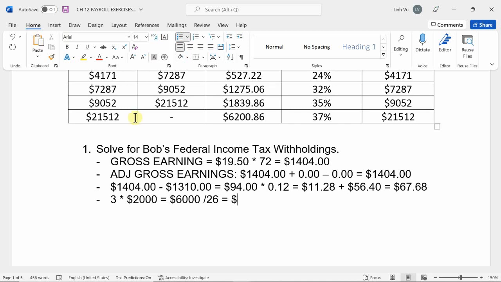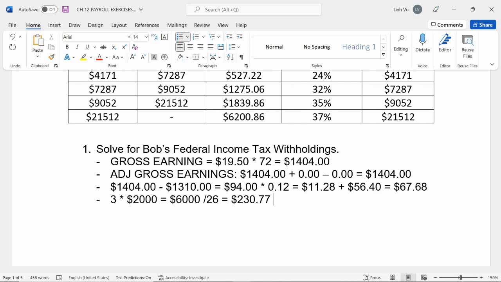And what do you get? $230.7692307, so round that up. So there you go. It's going to be $230.77 per paycheck to cover his kids. So what do you do with this money? We have to deduct it from his federal income tax withholdings.